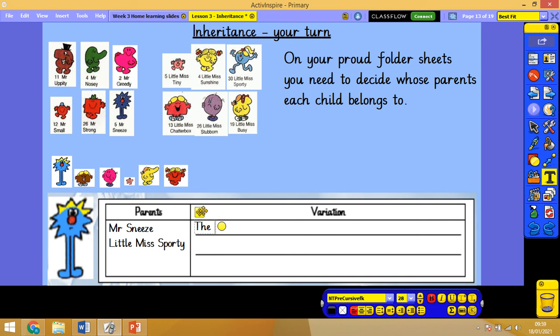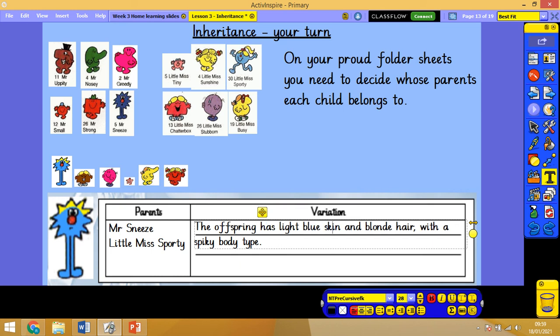I would start off with the offspring has light blue skin and blonde hair with a spiky body type. I'm just going to change that, because I've spelled offspring wrong.